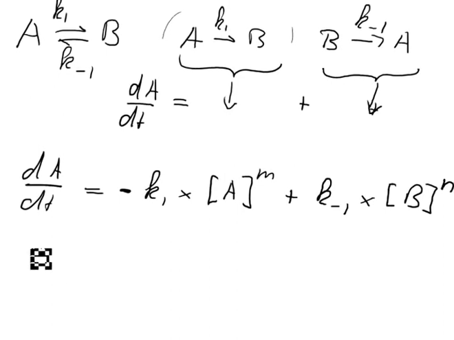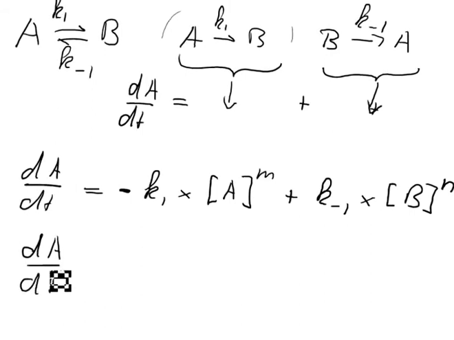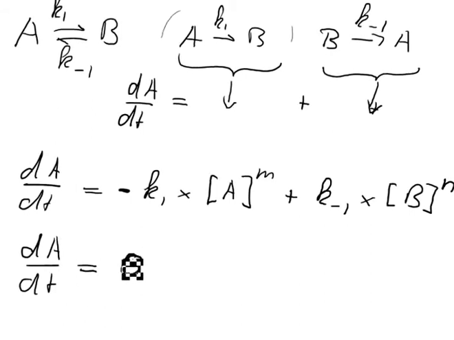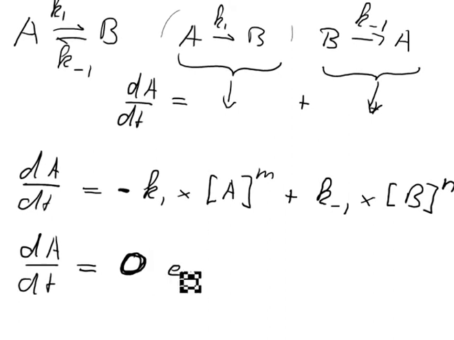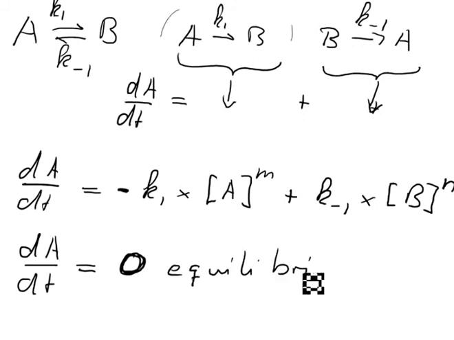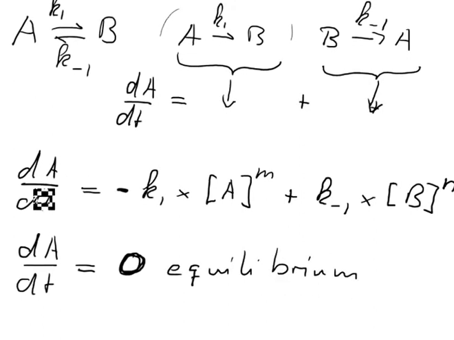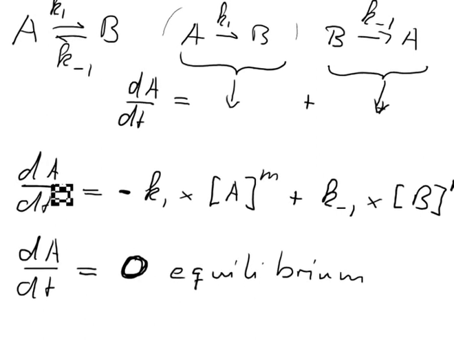So in this particular case, we can write dA over dt equals 0. And if this is 0, then we are talking about an equilibrium. So in the equilibrium, there is no change in the concentration of A.